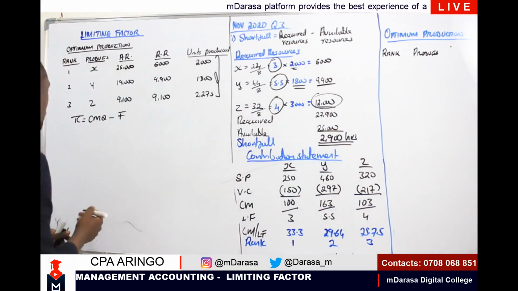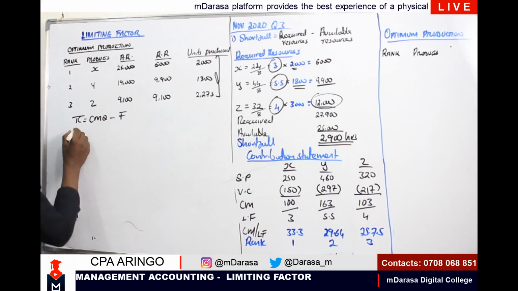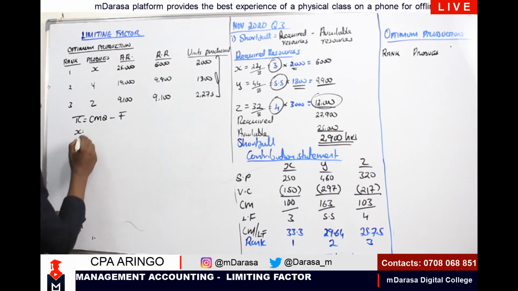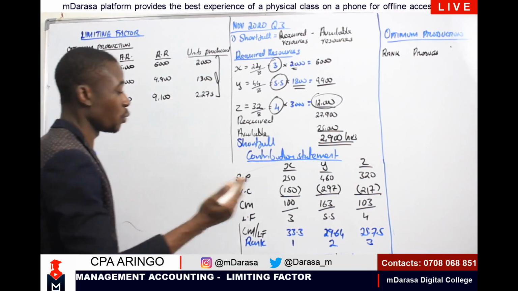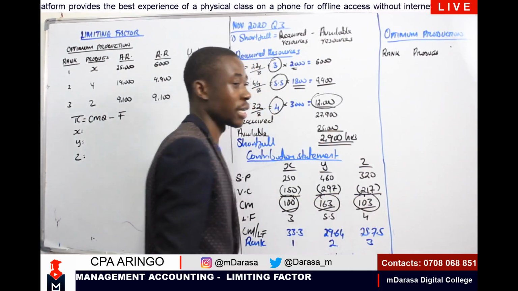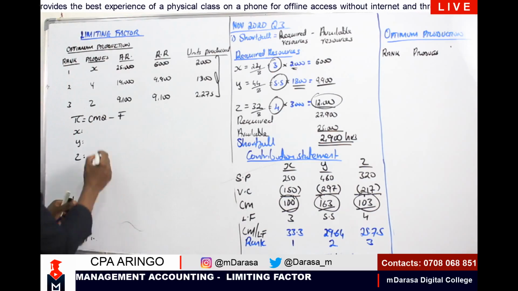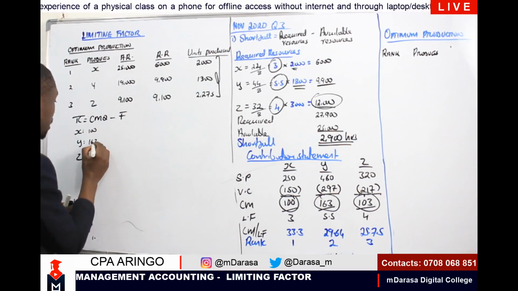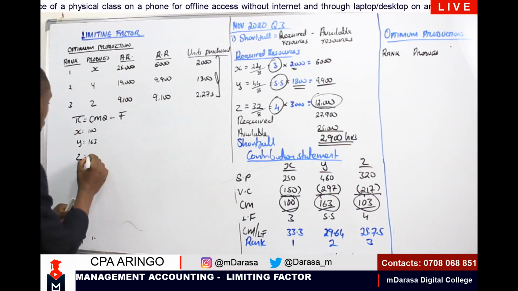Then, in this case, we have how many products? X, Y, and Z. How many contribution margin? We had already determined our contribution margin here. So I'm having 100, we have 163, and we do have 103.